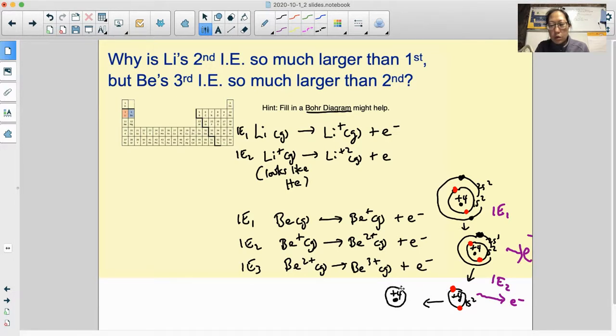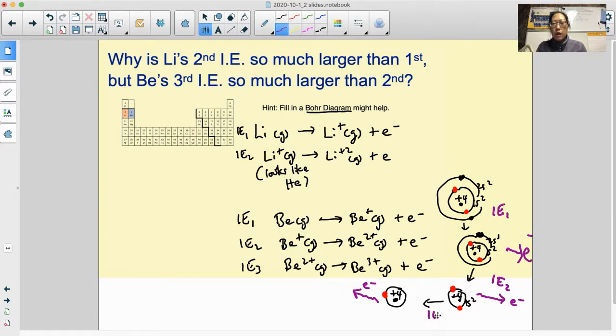These core electrons are feeling the full force of this +4 nucleus. So I'm going to remove that core electron, it's not going to be easy to do. Here we got our electron flying off. Now we have to remove that core electron.